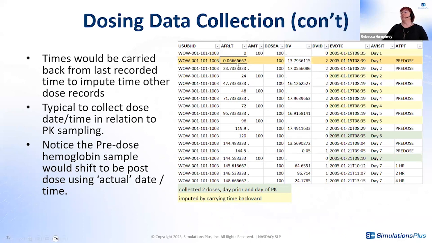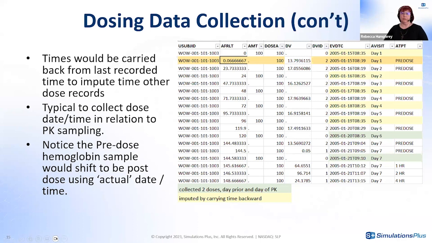And then the relative time since first dose would be calculated and the data set would be reordered by that relative time. By reordering the data set, you can see that this pre-dose sample for the hemoglobin then gets sorted after the first dose, which would not be an accurate representation of the actual collection of the data.